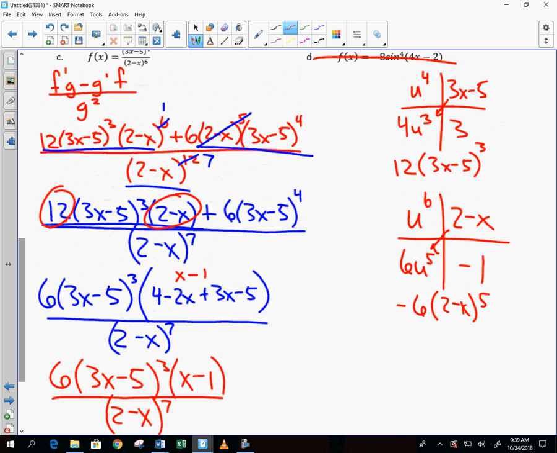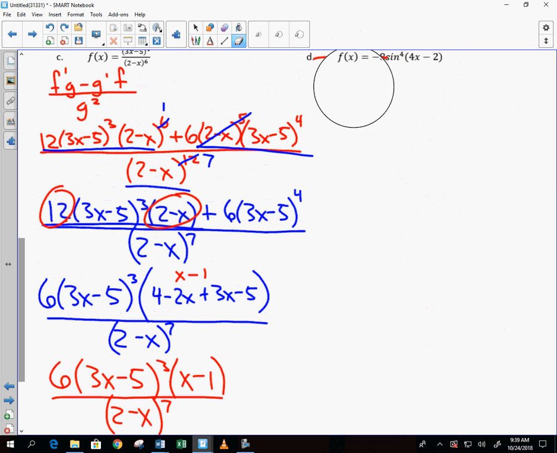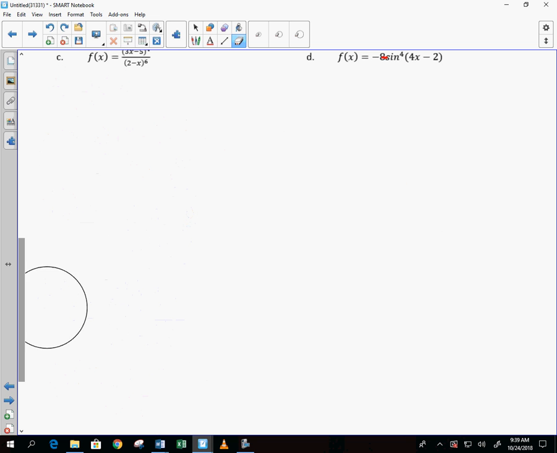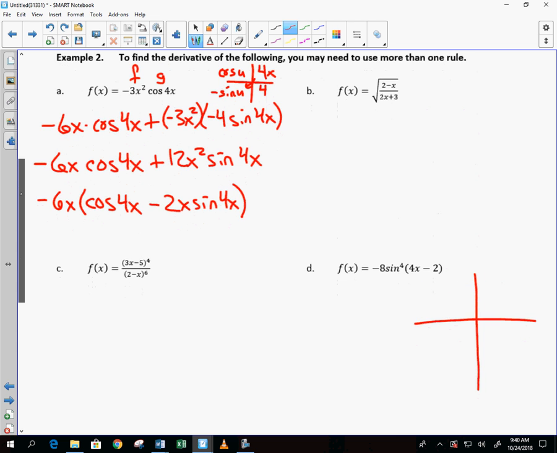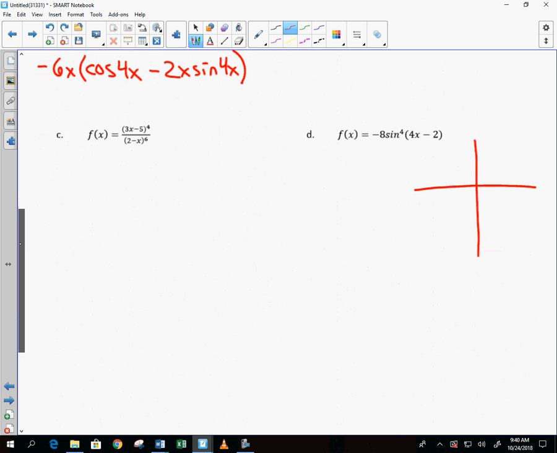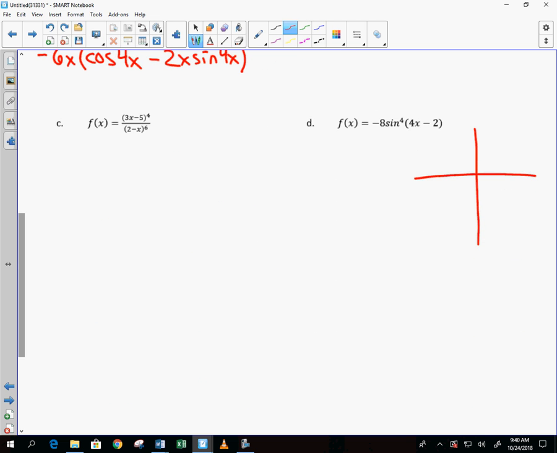Excellent. Somewhere we need to create room, either on a scratch sheet of paper. That was pretty large. This next one is not going to be that large. But we are going to do D. We're going to do D right now.